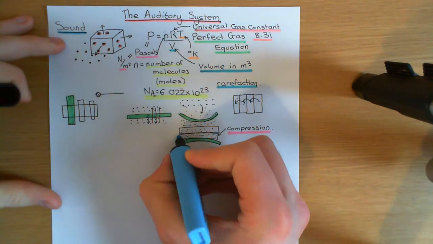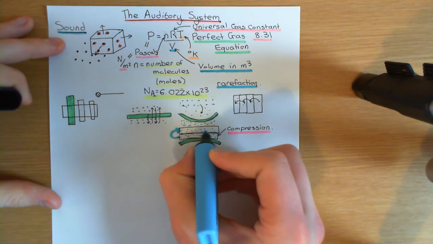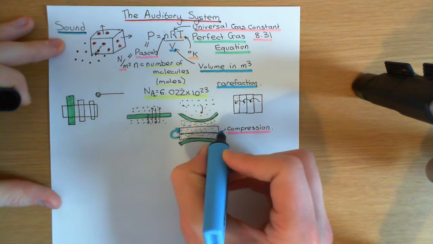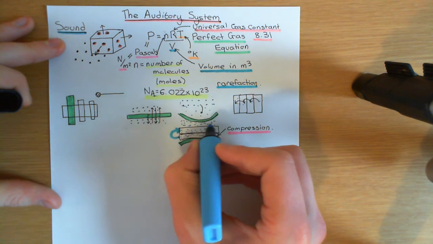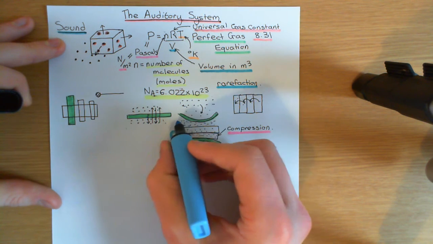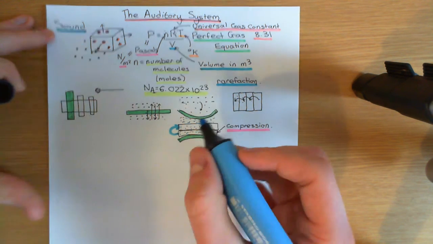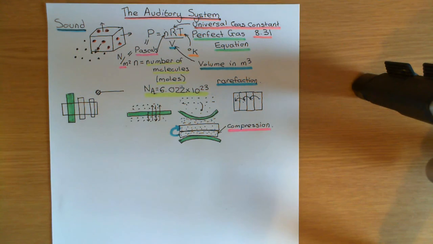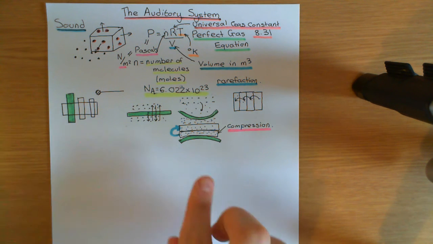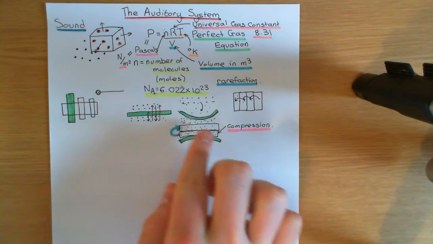So they're going to move from here to here, and of course that's going to raise the pressure here, so it's going to lead to compression here, and then that will propagate onto the bit above that, because this is now an area of compression, and above that you'll have a volume where the pressure is normal, so it'll just propagate along. So sound is actually these alternating propagations of rarefaction and compression, and they're produced by these oscillating objects.